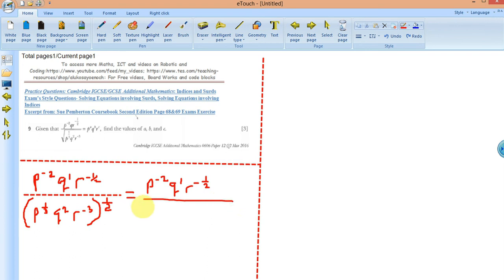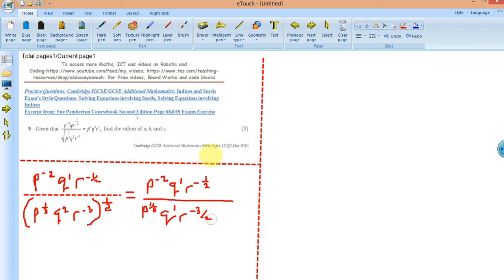Now p: this is 1 over 3 times half, that is 1 over 6. Then q squared: this is 2 times half, so that is raised to power 1. Then r: minus 3 times half, that is minus 3 over 2.